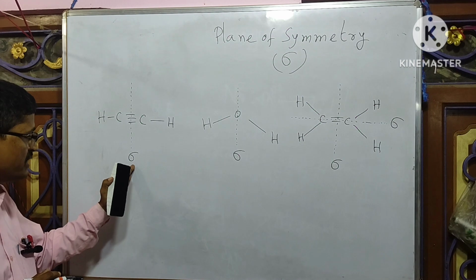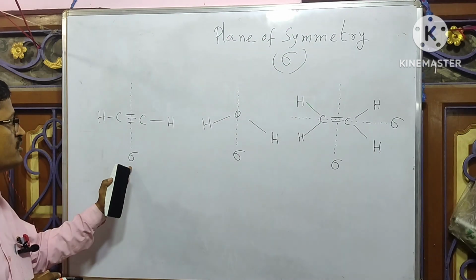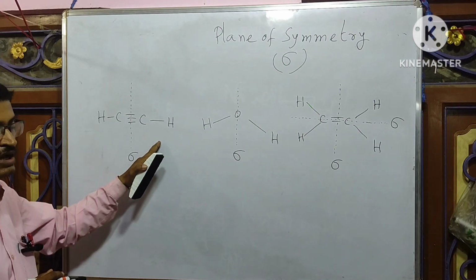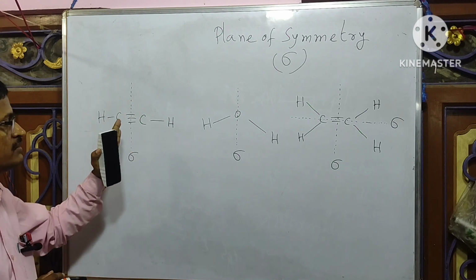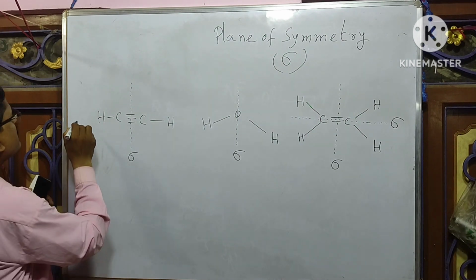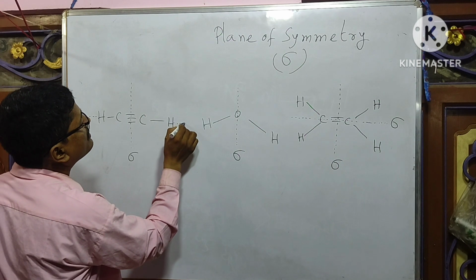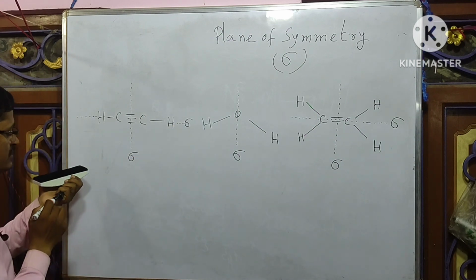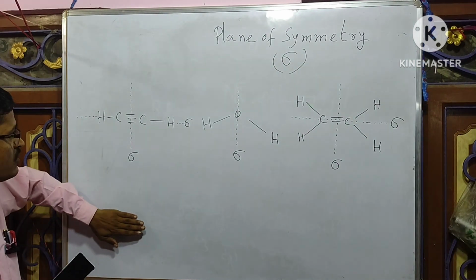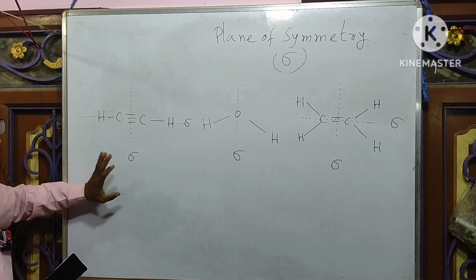If a plane is considered through this dotted line, the molecule is divided into 2 equal halves by the plane, so this plane is called plane of symmetry. Another plane of symmetry is possible through the other dotted line. And again, a third sigma plane is possible along the plane of the molecule, that is along the plane of the whiteboard.